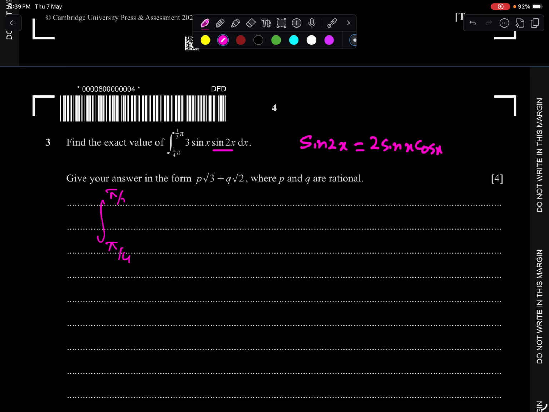Make sure your calculator is in radian mode throughout P3, except for vectors and trigonometry questions where the domain is in degrees. For the rest of the paper, keep your calculator in radian mode. Now I'm simplifying sine 2x as 2 sine x cos x, okay?